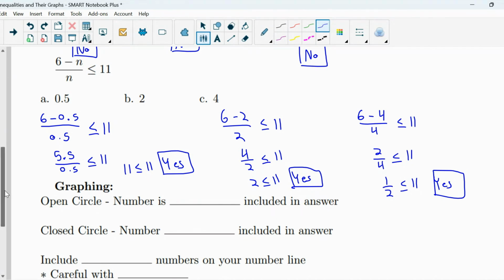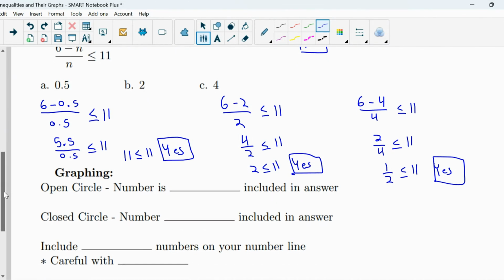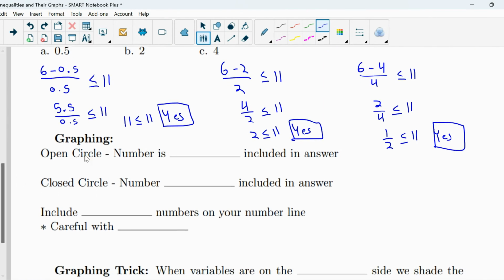All right, on to graphing. When you're graphing inequalities, you will have an open circle or an open point. This indicates this number is not included in an answer, and it indicates that we are using our less than or greater than symbols.